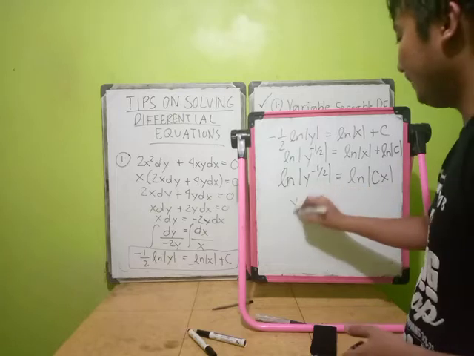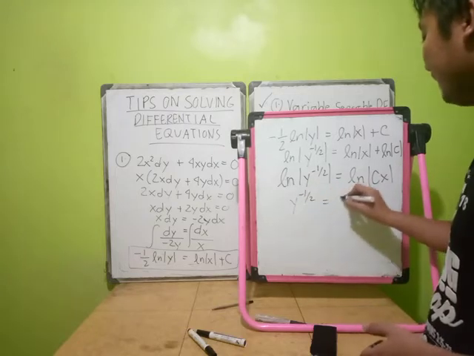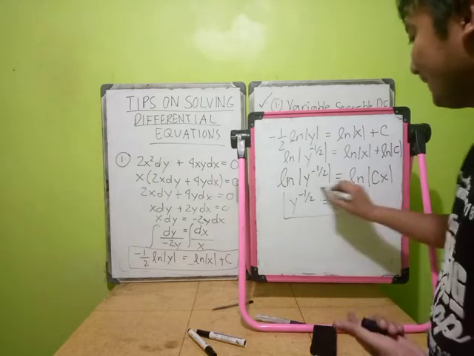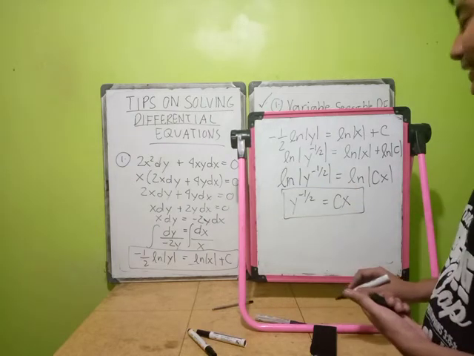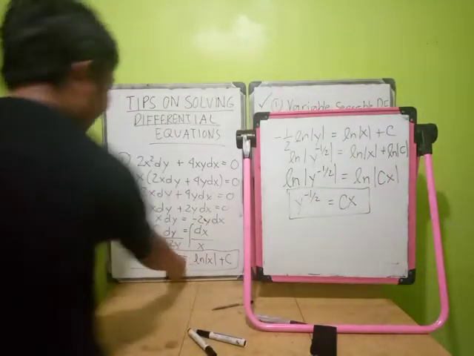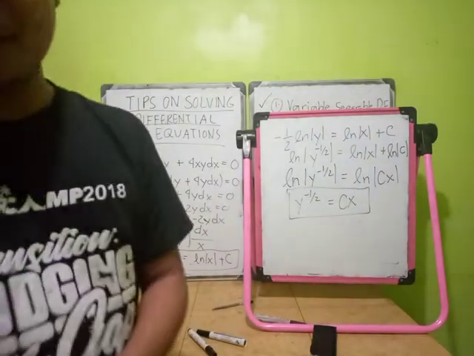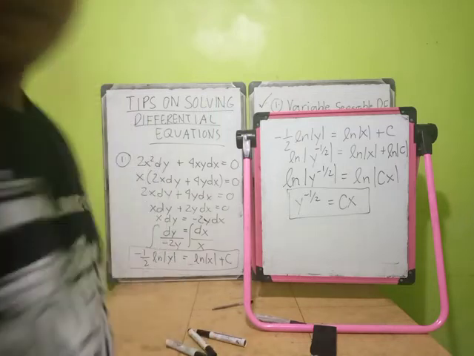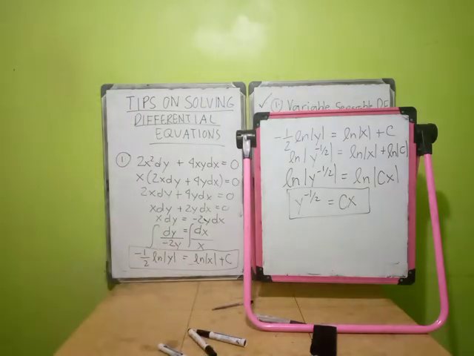So, therefore, magiging y to the negative 1/2 is equal to cx. Okay, pwede rin itong solution. Pwede na rin ito. Pwedeng ito yung solution, no? Pwedeng ito, okay? So, you can, okay, so you can, yan.